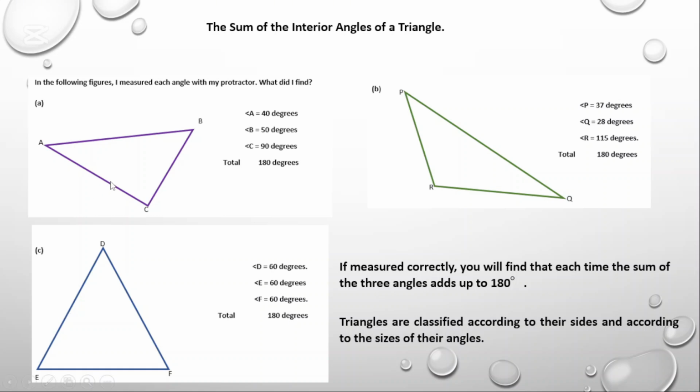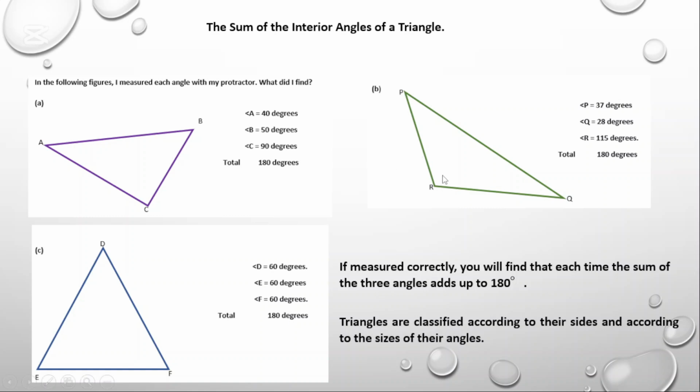Here I have one angle of 90 degrees, and I call this a right angled triangle. One angle of 90 degrees and two less than 90. But because of this one, we call that a right angled triangle. Okay, the next one.